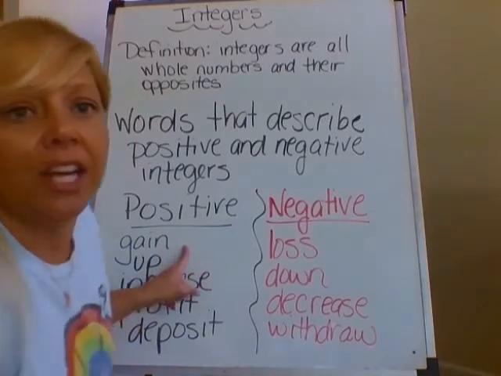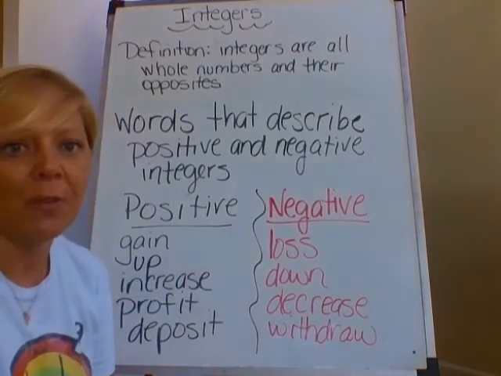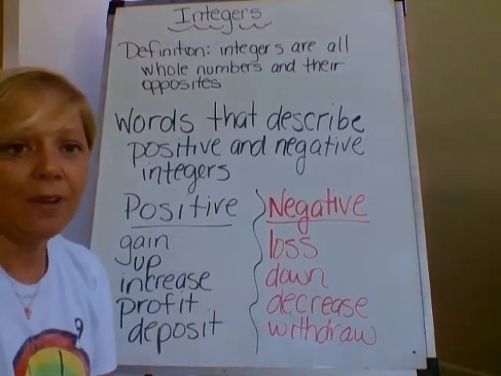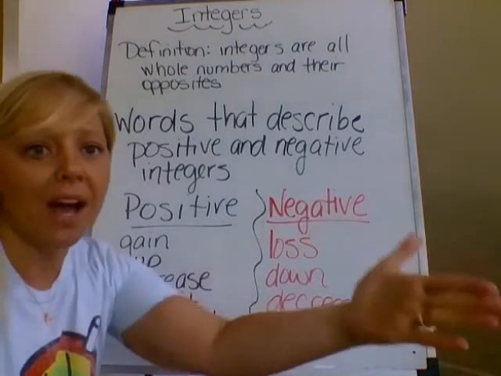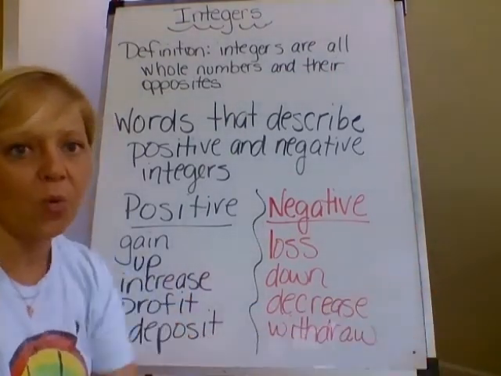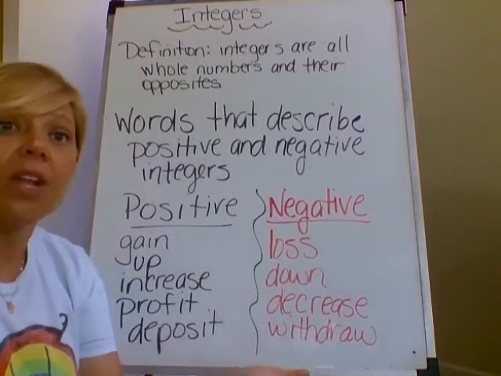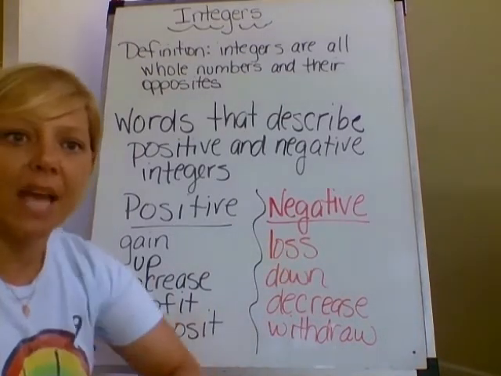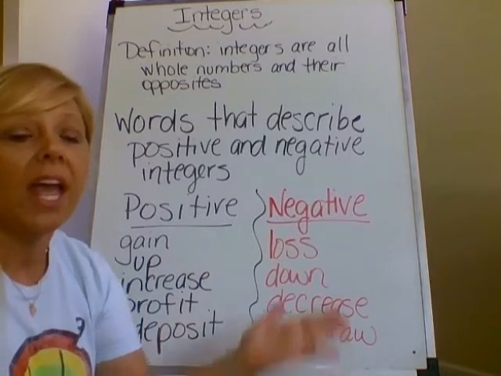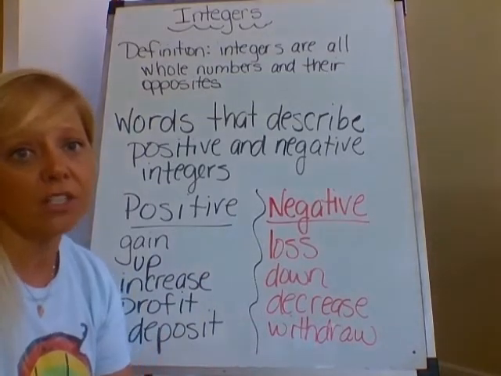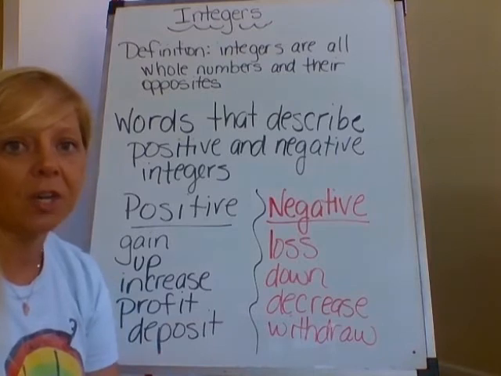So here are just a handful of words that describe a positive integer or a negative integer. So a gain. So for those of you who enjoy football, if we gain 5 yards, that means we're going in the positive direction. We're going towards the goal. A negative would be a loss. So let's say that the quarterback was sacked behind the line of scrimmage, and that would be a loss of yards. So that would be a negative integer.